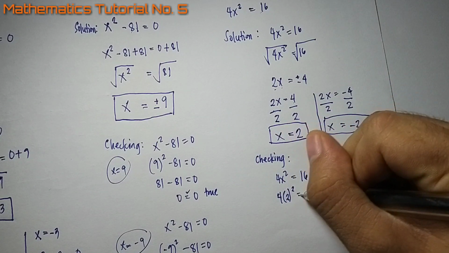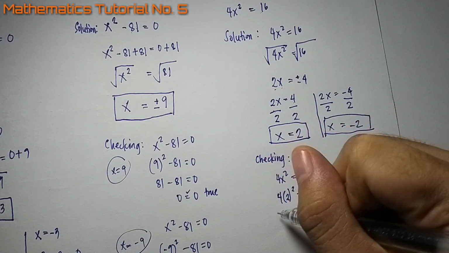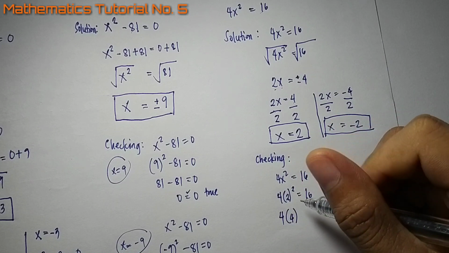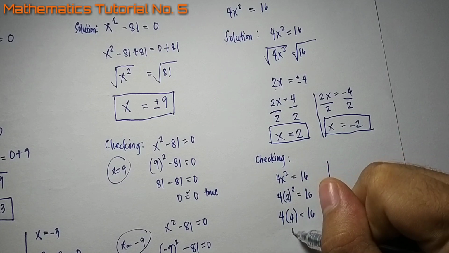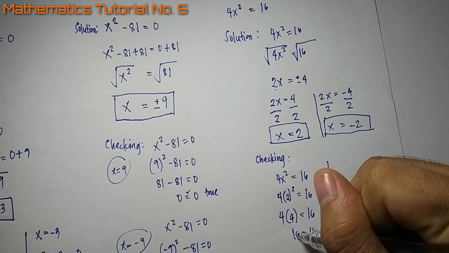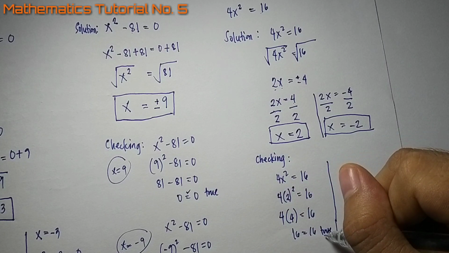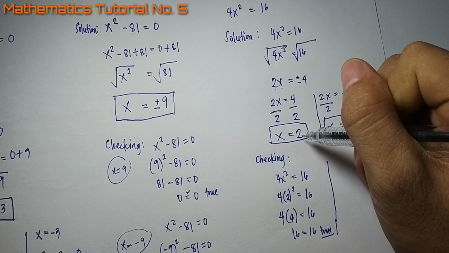So 4 times 2 squared equals 16. First we simplify the exponent: 2 squared is 4, because 2 times 2 is 4. So 4 times 4 is 16, equals 16. Is 16 equal to 16? Yes, so it is true. Meaning our solution positive 2 is correct.